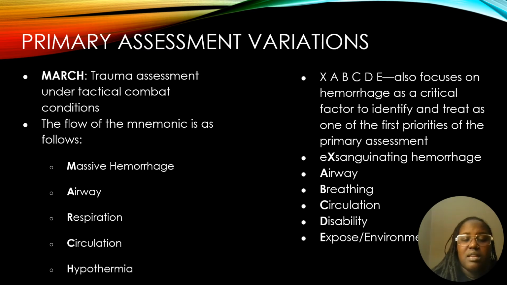All that is, I'm dealing with the bleeding first, and then I'm going to do my traditional ABCs. And then we're also going to be taking a look at any type of disabilities. At this point, we'll assess pupils, we'll assess neurological deficits, and then we'll also be assessing for any type of hypothermia or environmental related injuries.